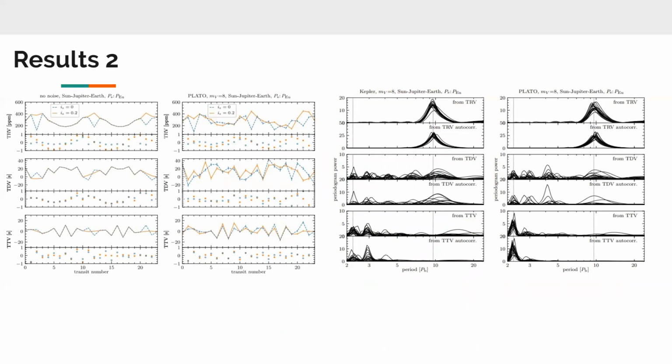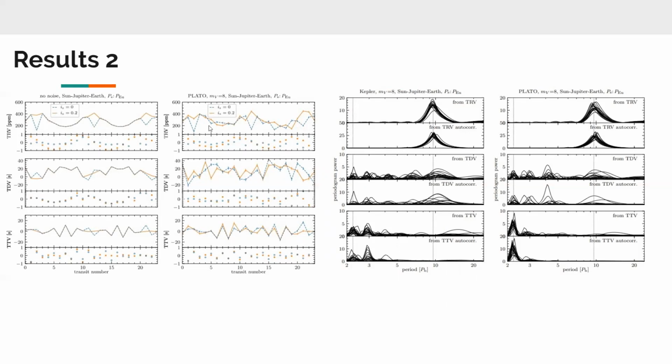And these plots are separated with noise over here on the left, and noise simulating, I guess, instrumental noise and basic noise that could be found in PLATO, which is a mission that's set to launch in the future, I think around 2026. That's kind of like a surveying mission, sort of like Kepler.